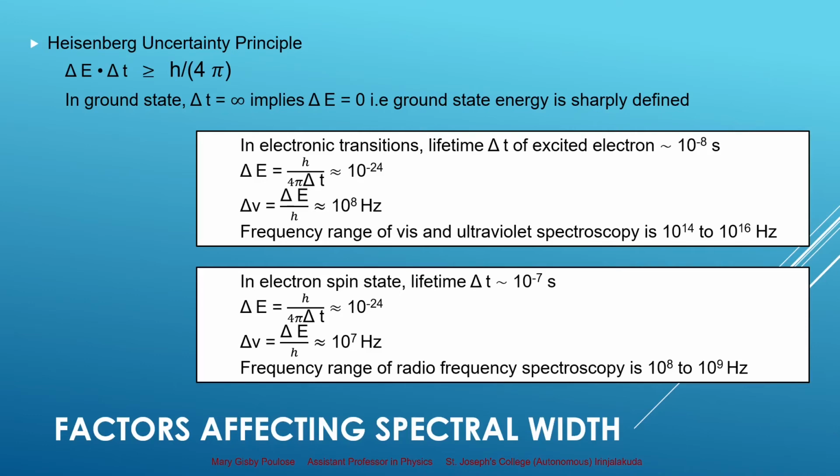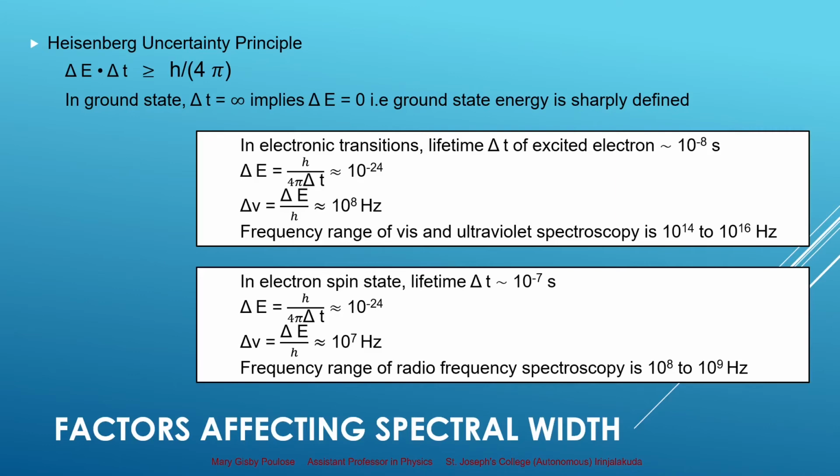Now let us use this value in Heisenberg's uncertainty principle, and we will be able to calculate that delta E is equal to h by 4 pi divided by delta T. So substituting the value for delta T here, we get the approximate value of 10 raised to minus 24.